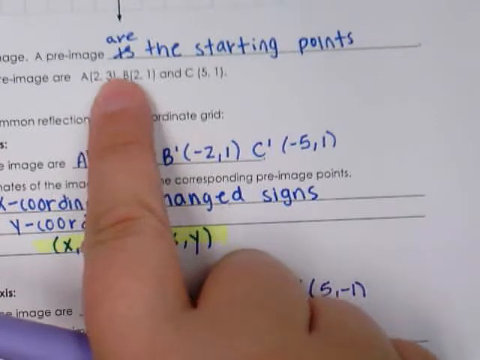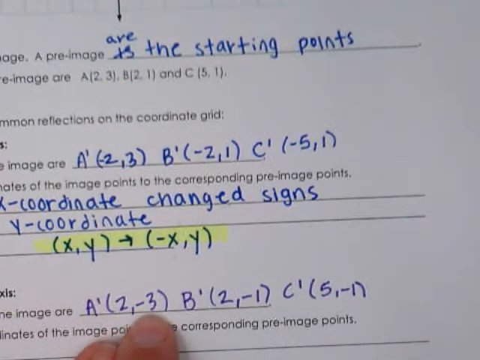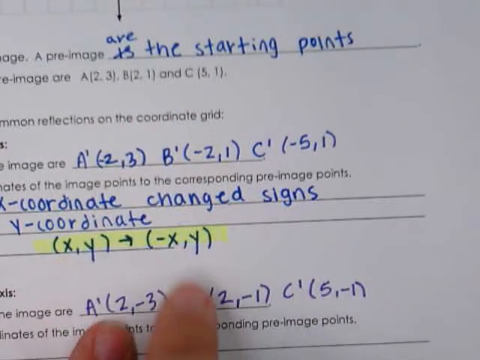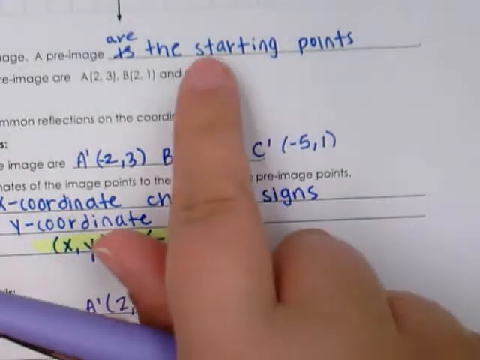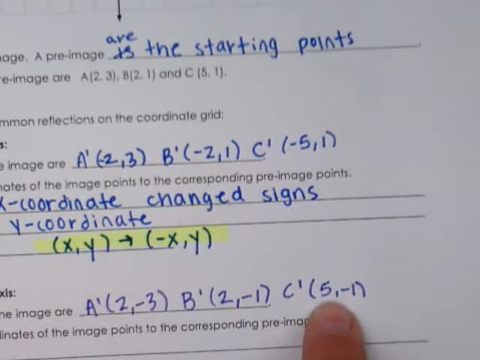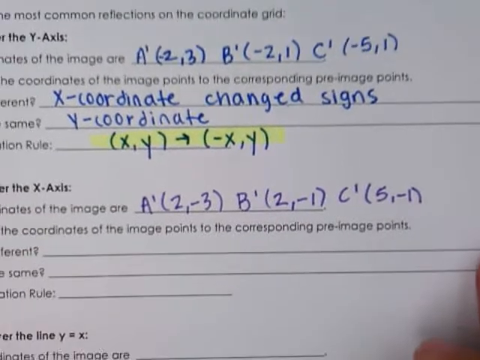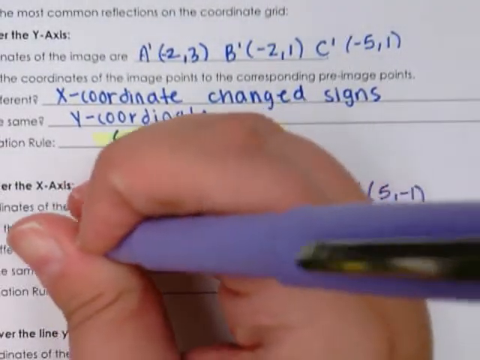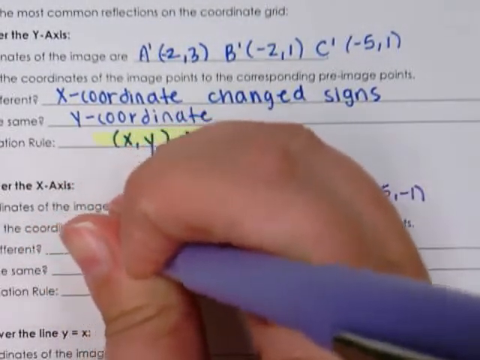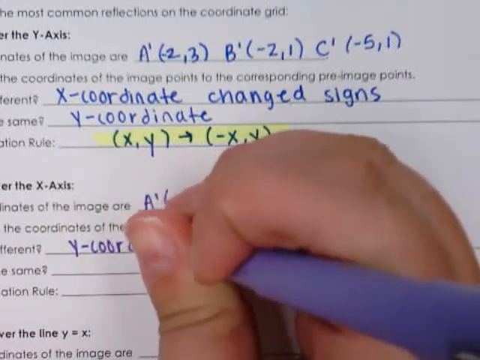How do I get from 2, 3 to 2, -3? Notice the y coordinate changes sign this time. Does that hold true for all of them? 2, 1 becomes 2, -1, and 5, 1 becomes 5, -1. So what's different this time is that the y coordinate changes signs.